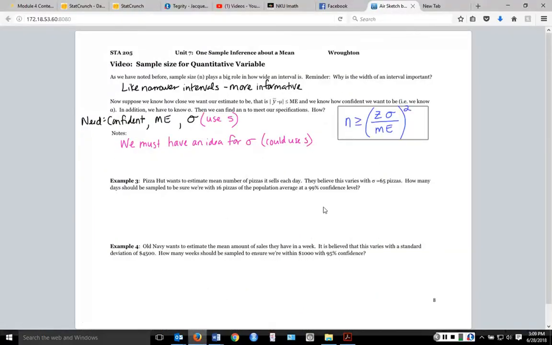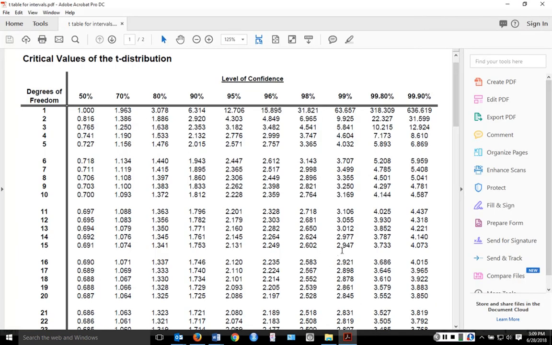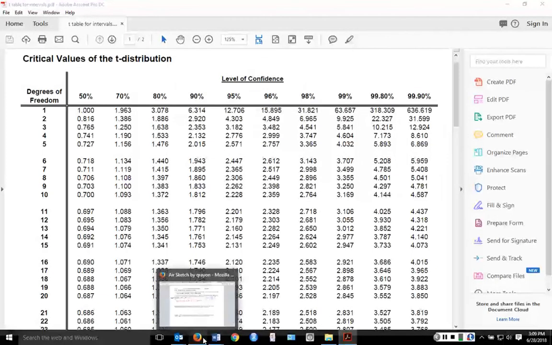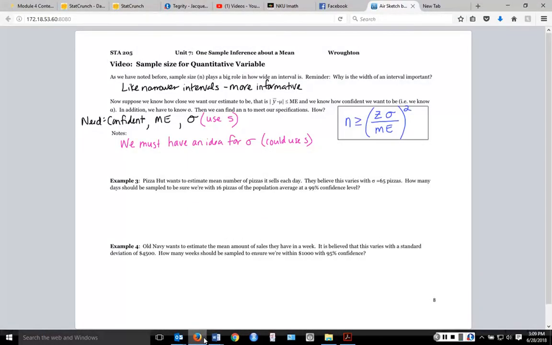That's where the problem is. Here I'm trying to figure out how big of a sample I need, so I don't know my sample size, and I can't figure out what degrees of freedom to use. What I know is that z and t are pretty similar, so if I use z, it is not going to be that different. The note for that part is that if we end up getting a sample of at least 60, then z versus t is not a big deal.